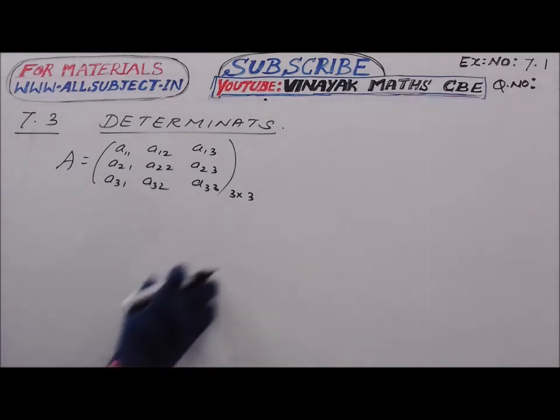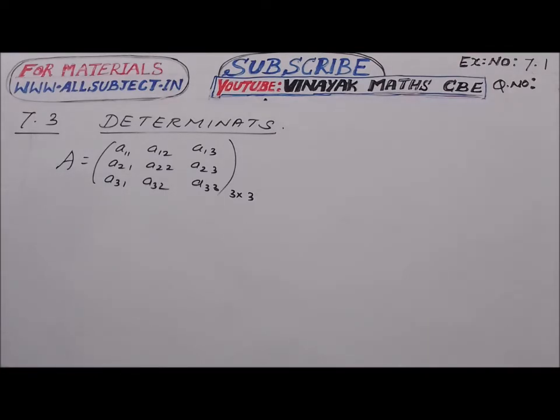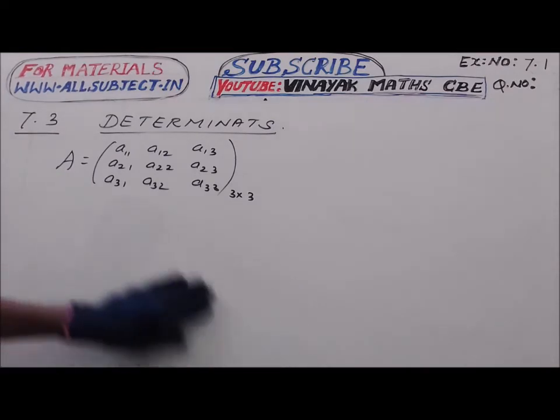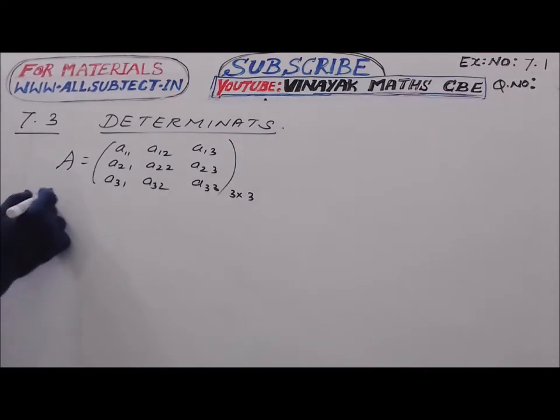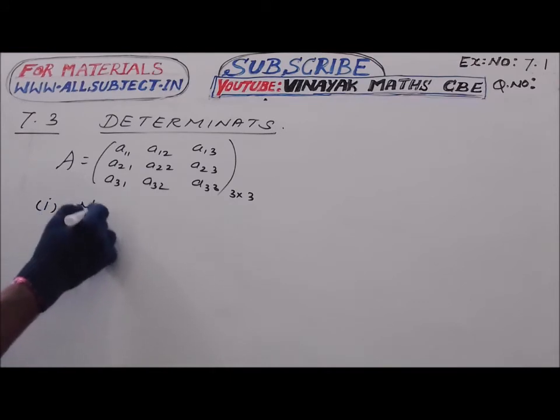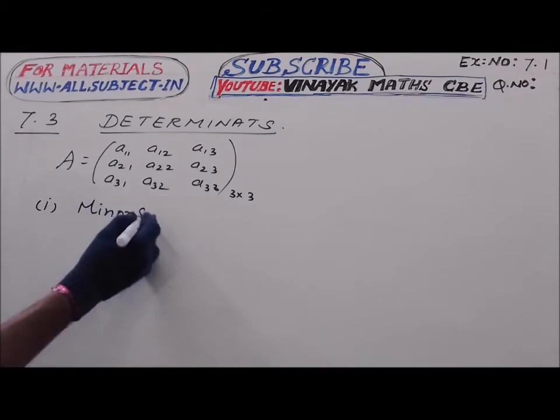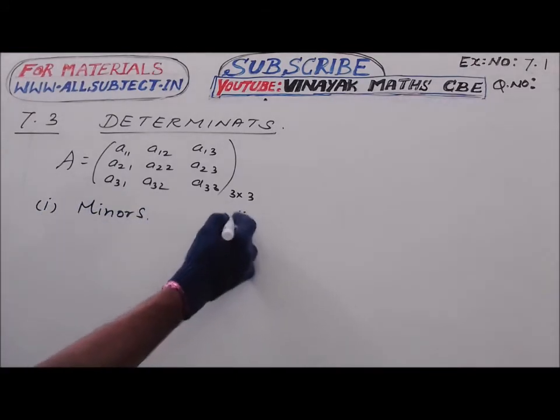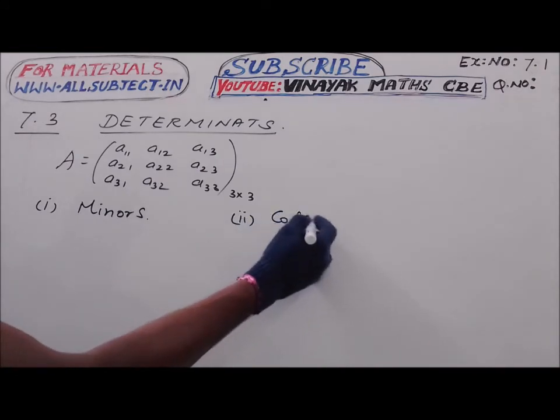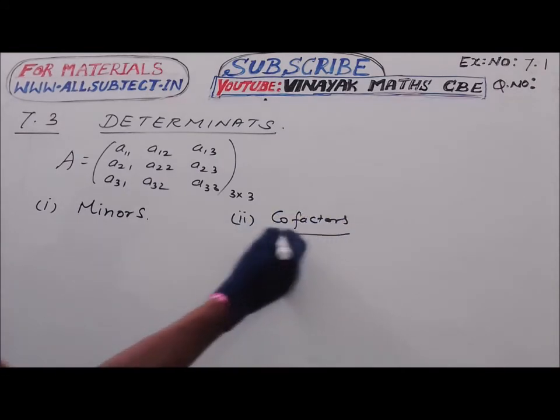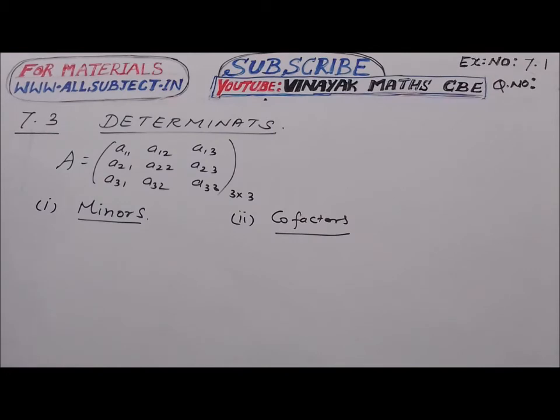Before knowing the determinant value of 3 by 3, we should know two important results. One is minors and another one is cofactors.